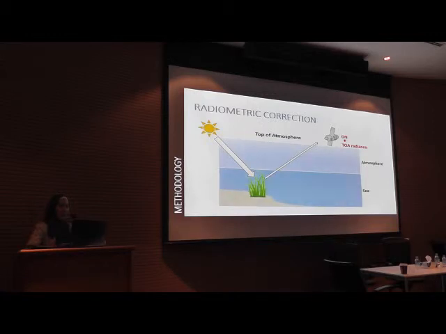And then, the FLAASH atmospheric correction module was applied to remove the effect of the atmospheric absorption and scattering, and to convert the top of atmosphere radiance into a meaningful measure of reflectance at the Earth's surface. Actually, FLAASH is an algorithm that has a tropical atmospheric model and urban aerosol model for image correction.